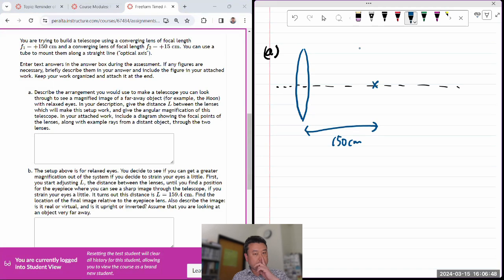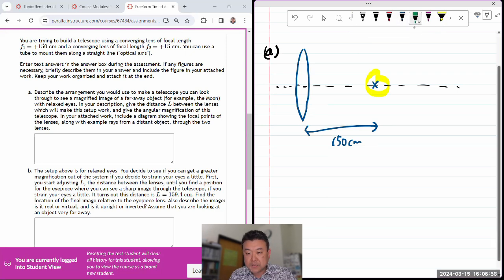Then the way you would have to set up is so that the focal points of both lenses are overlapping. So with another converging lens as the eyepiece, the eyepiece would need to be somewhere here with its focal point at 15 centimeters away, kind of overlapping. That's how you need to set up.